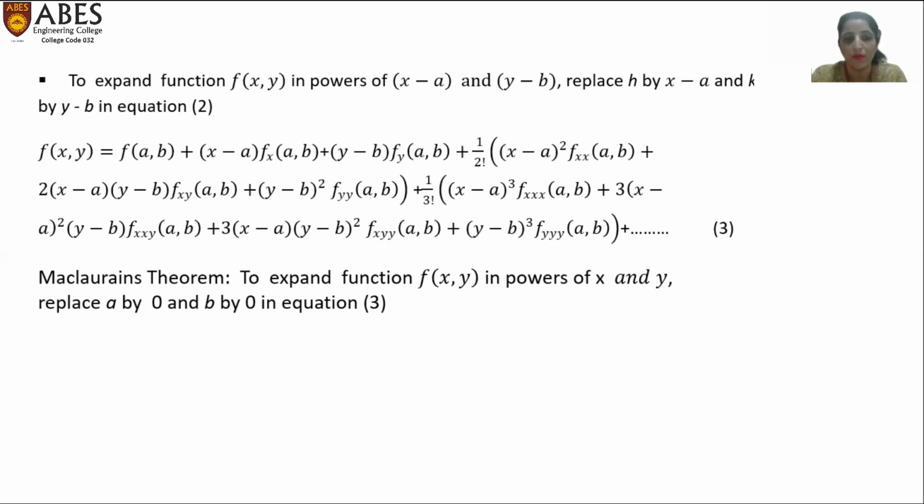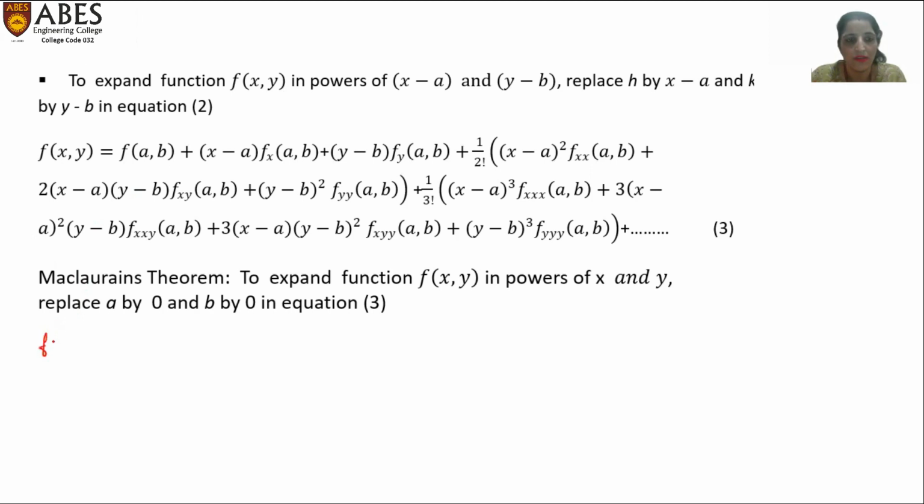Then there is Maclaurin's theorem. Maclaurin's theorem is considered a particular case of Taylor's theorem, to expand a function about the origin or point (0,0). So we replace a by 0 and b by 0 in equation 3.